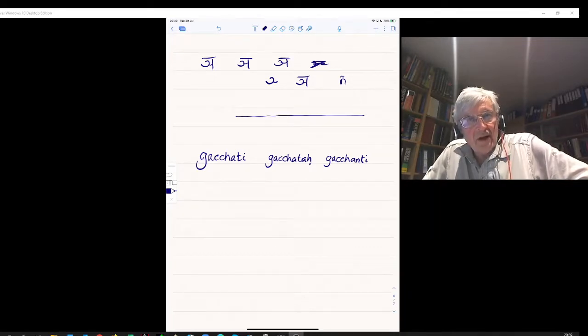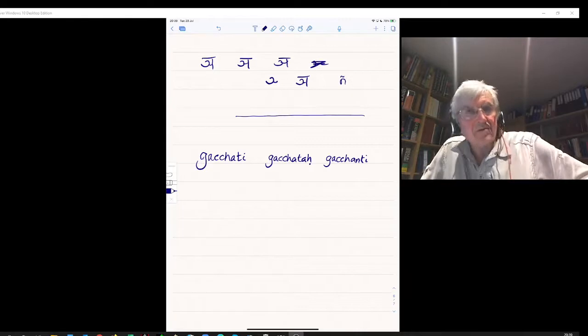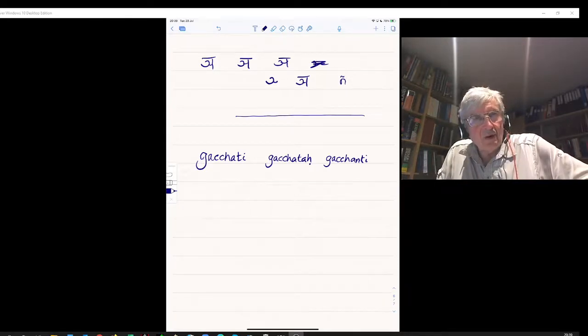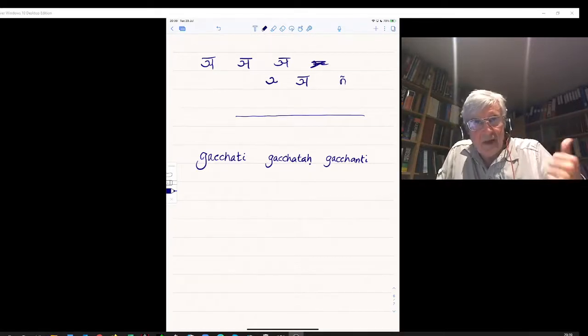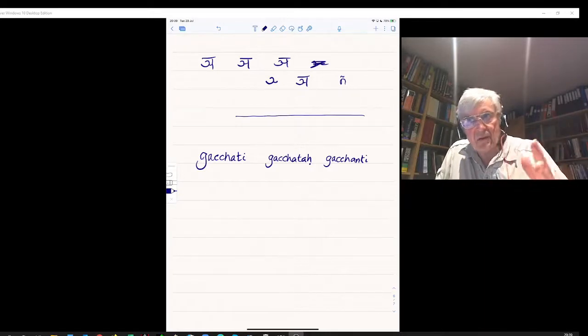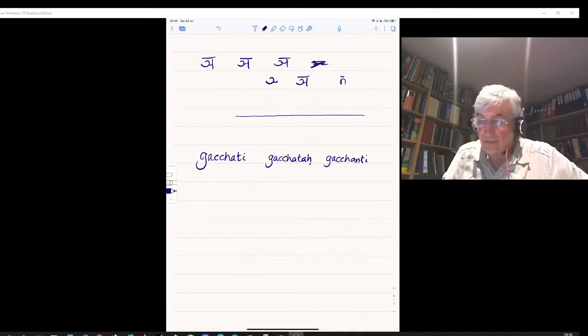And in Italian, you find it, but the NT becomes NO, and in Spanish the third person plural verbs just commonly end in an N, not an NT, but it's that same N or NO or NT that reflects this Proto-Indo-European and that Sanskrit and Pali anti, so gacchanti.